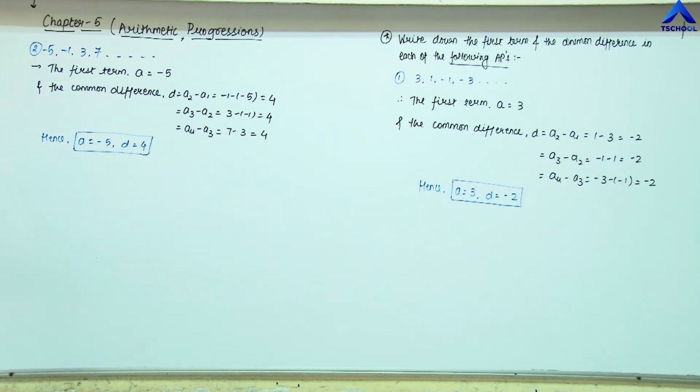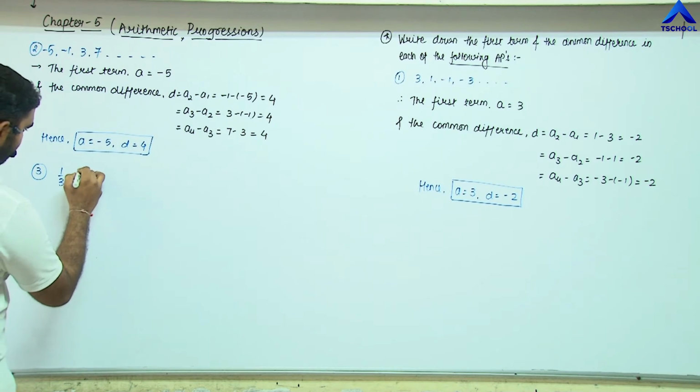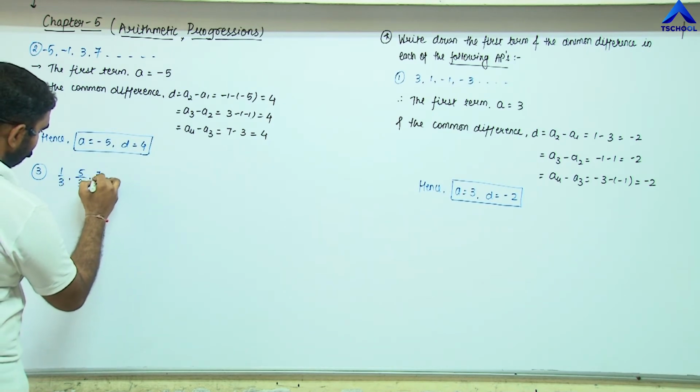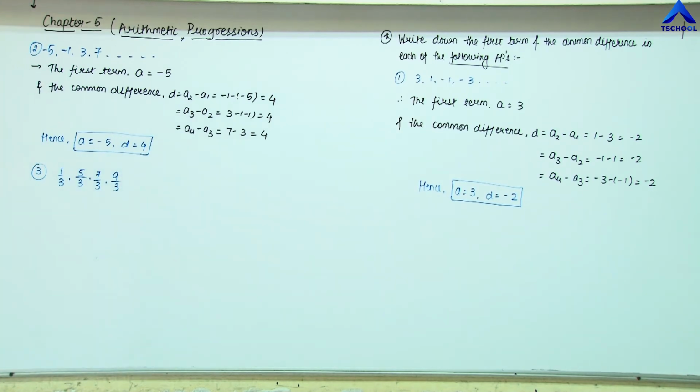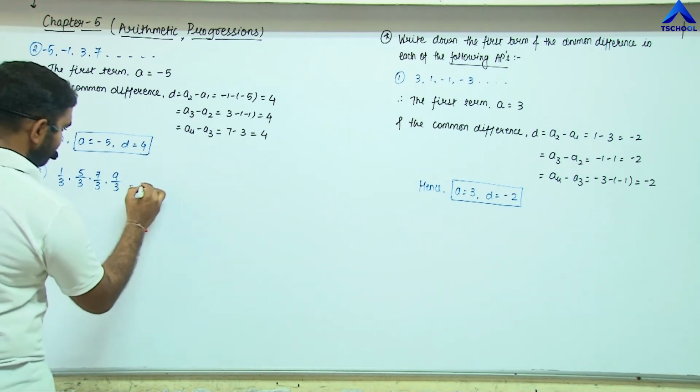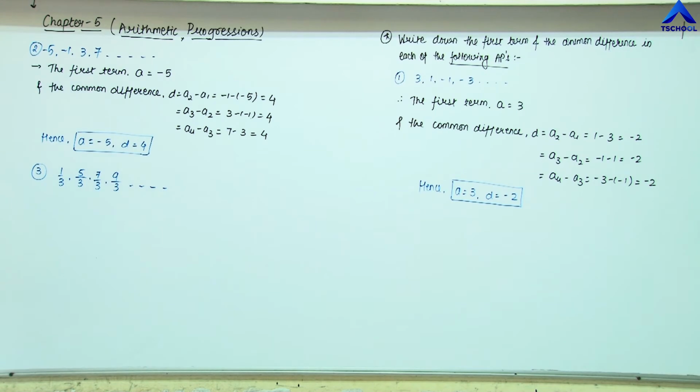I'm taking one more example that gives me fractional parts of the numbers, that is 1 by 3, 5 by 3, 7 by 3, 9 by 3, right? I'm having this list of numbers here and I want to find out the common difference and the first term.